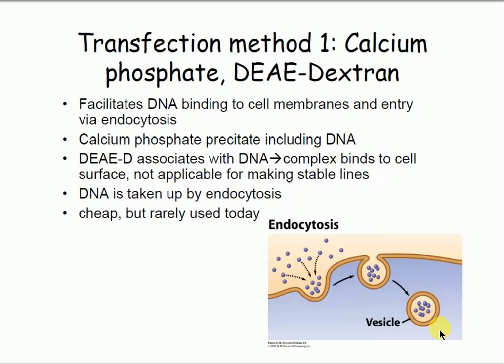DNA is negatively charged, this is positively charged. They associate with DNA, and the complex again binds to the cell surface. And then DNA is taken up by endocytosis into little vesicles and then released into the cell. And the plasmid is maintained and, for example, expresses your favorite protein in cells.